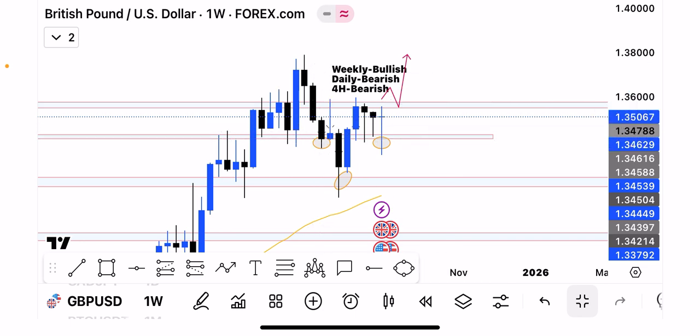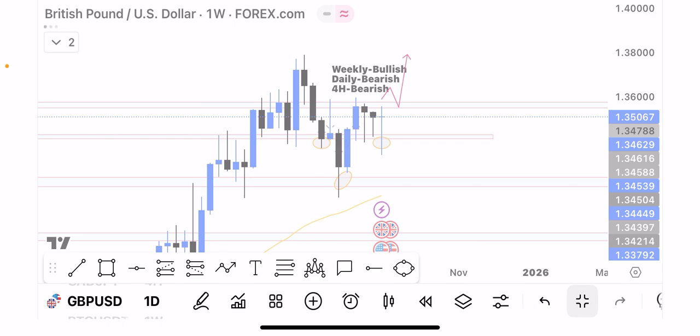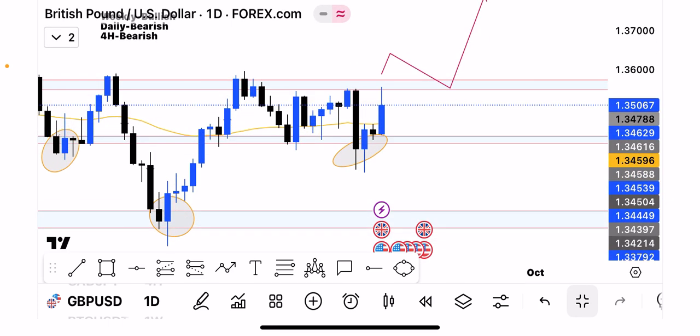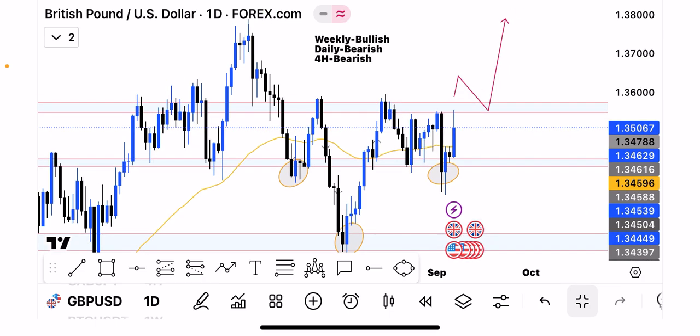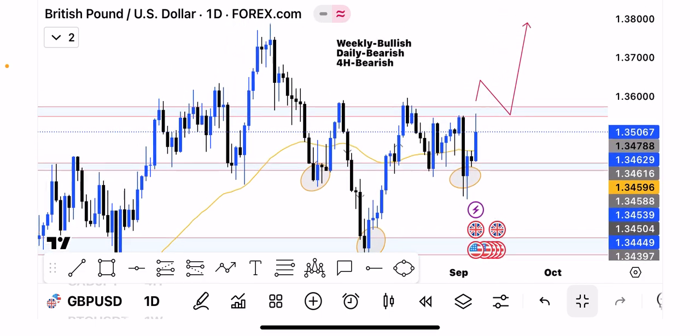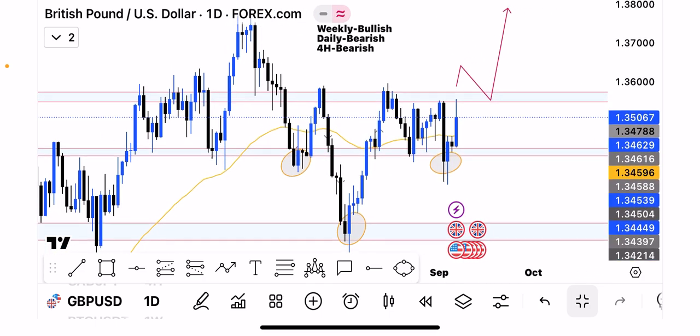So let's start. So now if you look up, I've already written the weekly time frame. It's already bullish. So let's go to the daily time frame. So on the daily time frame, you see we are bearish on the daily time frame.